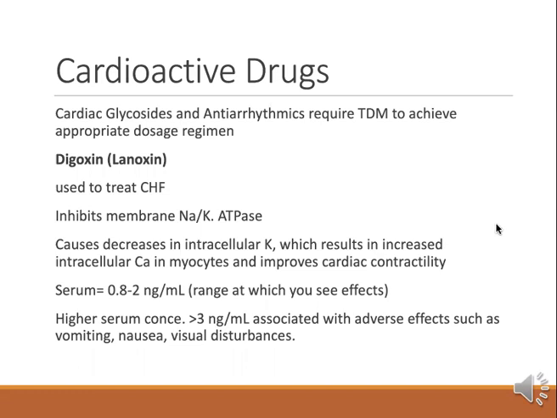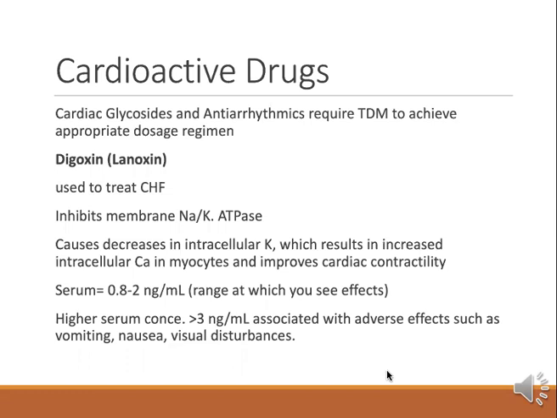So lanoxin or digoxin is one of them, and this is a common drug that is used to treat congestive heart failure and inhibits the membrane sodium-potassium ATPase pumps. It causes decreases in intracellular potassium, which results in increased intracellular calcium in myocytes and also improves cardiac contractility.